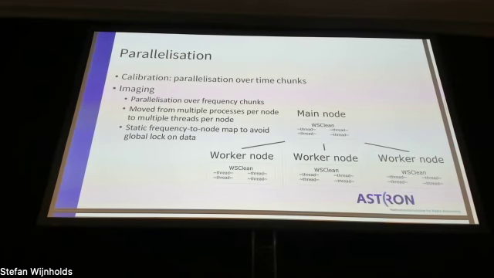So over the years we have tried to improve on that performance. Obviously, calibration can be parallelized over time chunks. The rationale is that you want to keep the frequencies together when you're doing a low frequency observation, because you want to apply, for example, a TEC constraint to deal with the ionosphere.